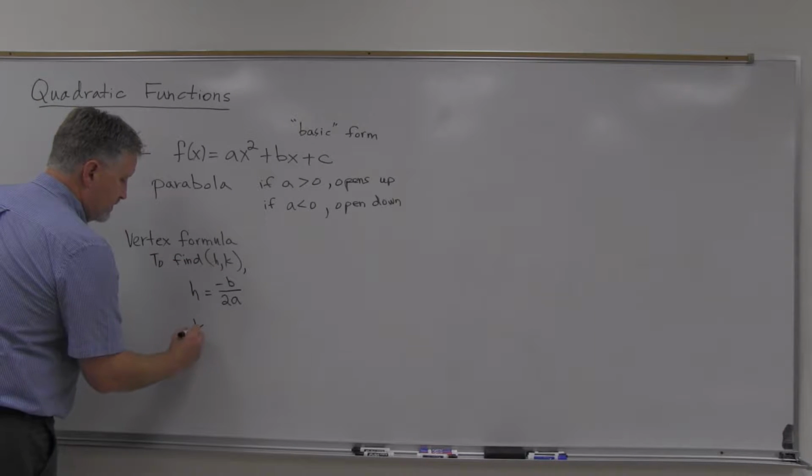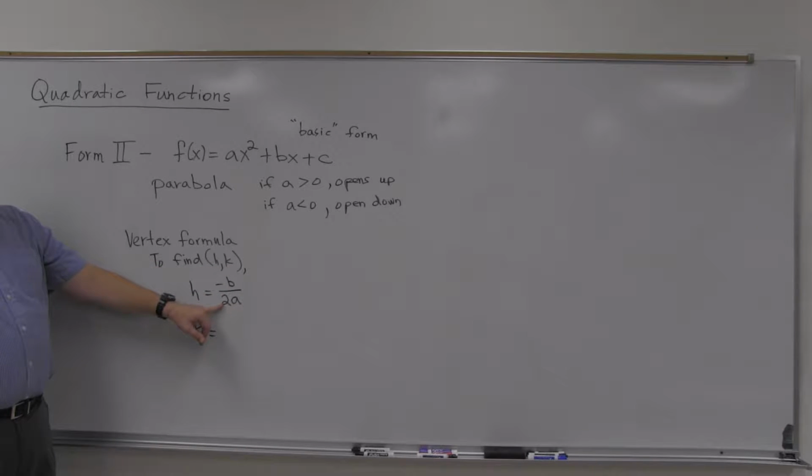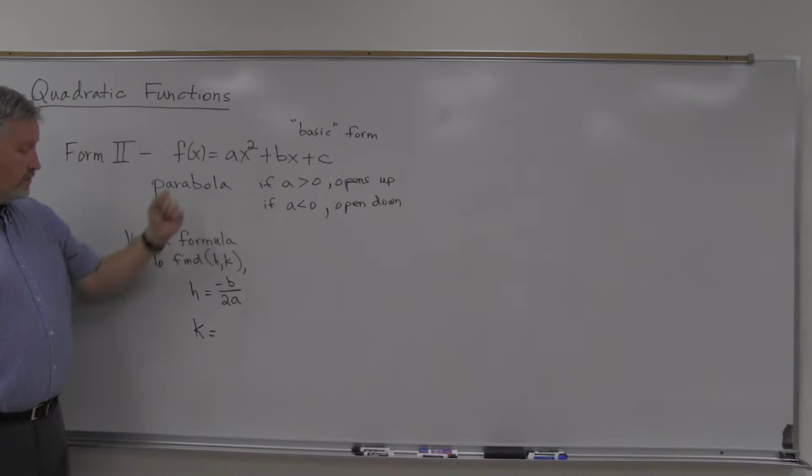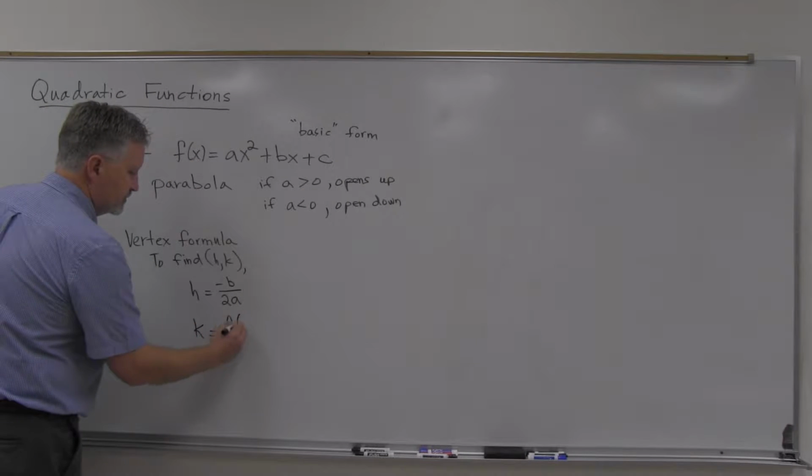Now for k, well, if you think about it, h is an x value, and k is a y value. So if I've got my x value, how do I find my y value? You plug it in, yeah. And so the way we find k is we plug in h for x. So let's just call it f of h.